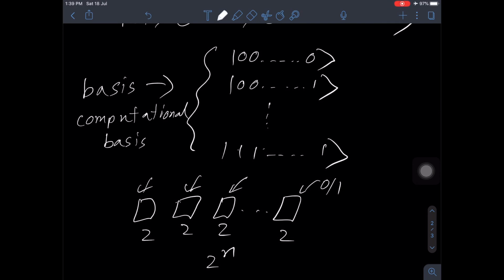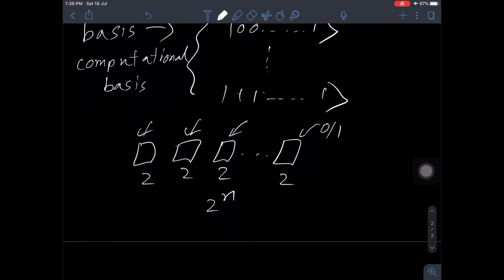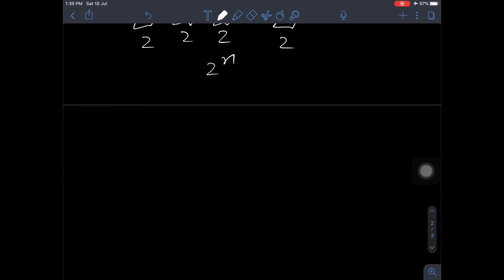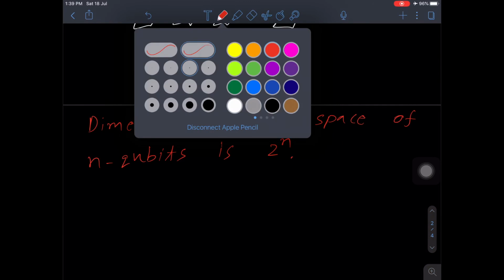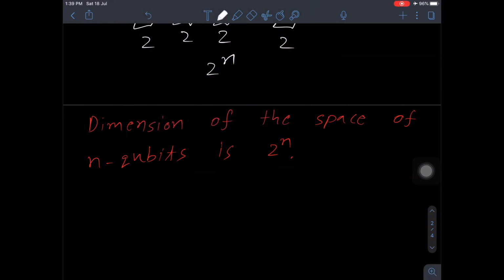All right, so the punchline is that the dimension of the space of n qubits is 2 to the power n. And there is one more thing to notice.